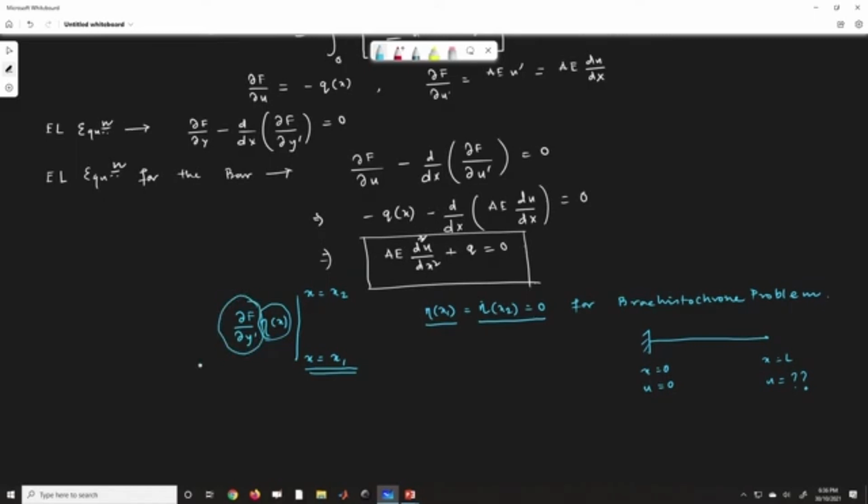So what is this condition, del f del y prime? This quantity is 0, given. So naturally these two quantities will go to 0.